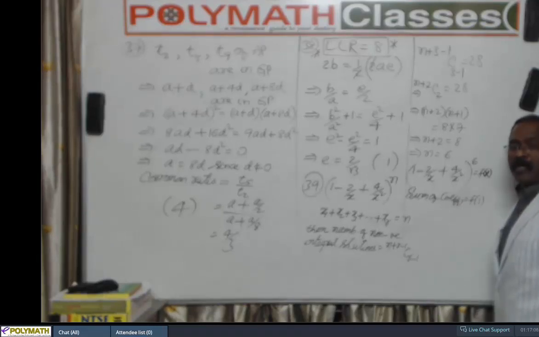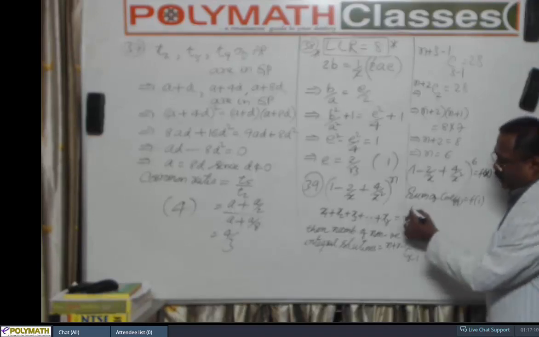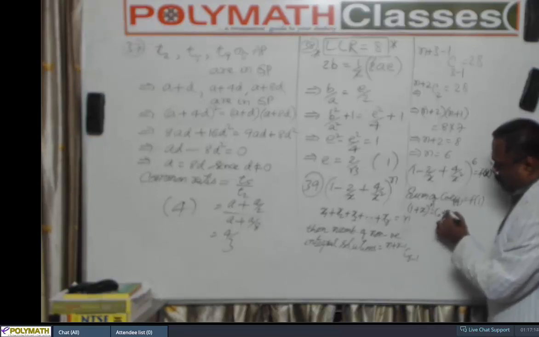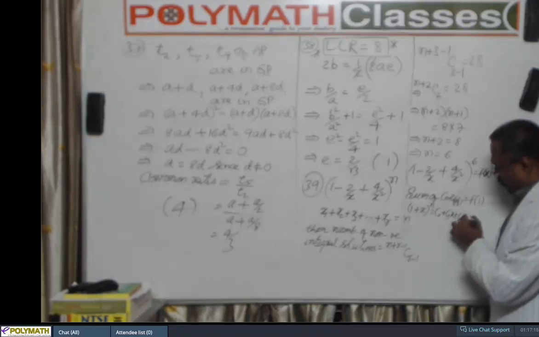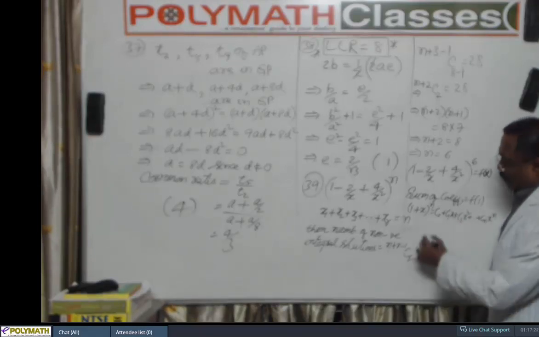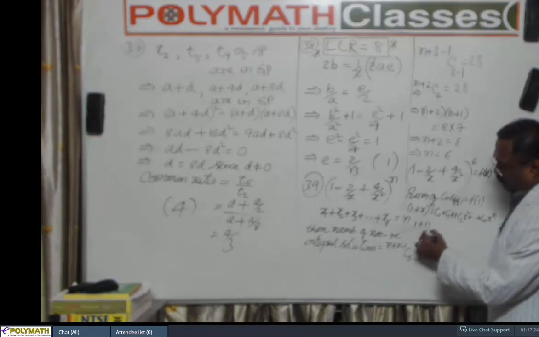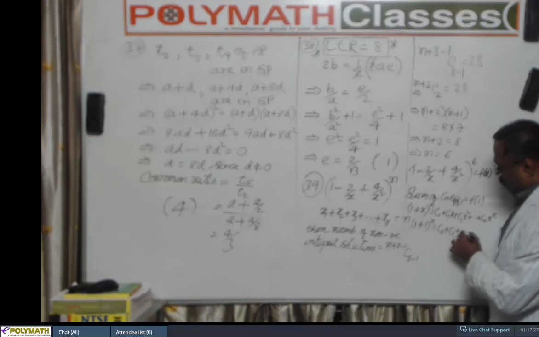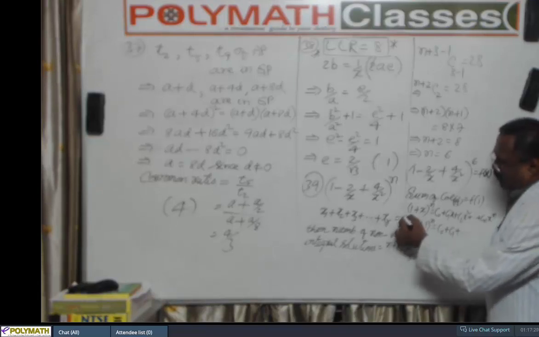You know the concept of the binomial theorem: (1 + x)^n = C0 + C1x + C2x^2 + ... + Cn x^n. Putting x = 1. This is the concept.